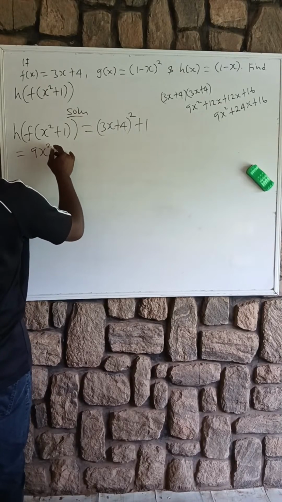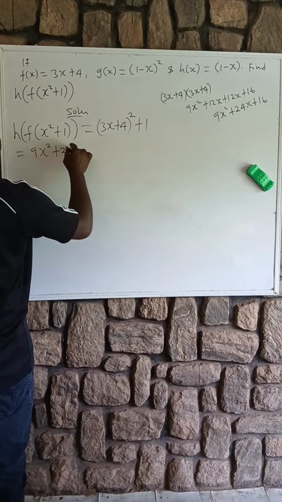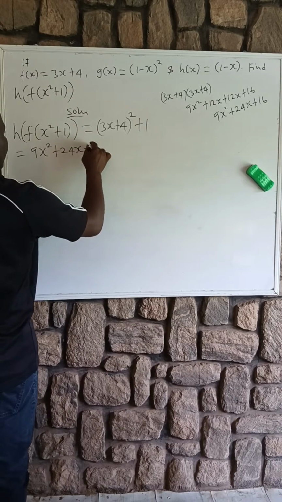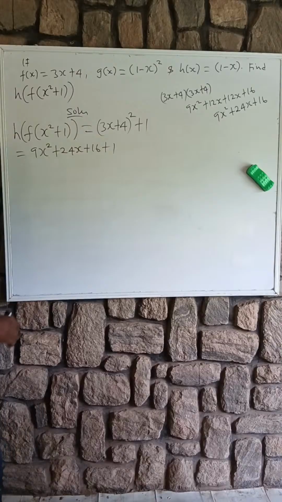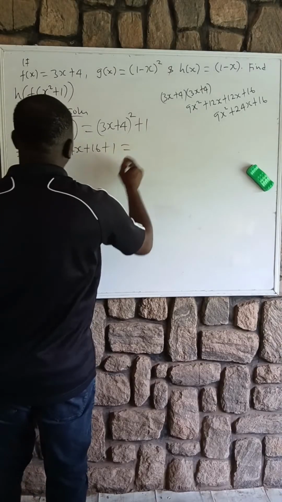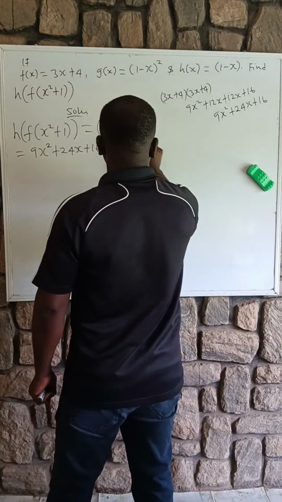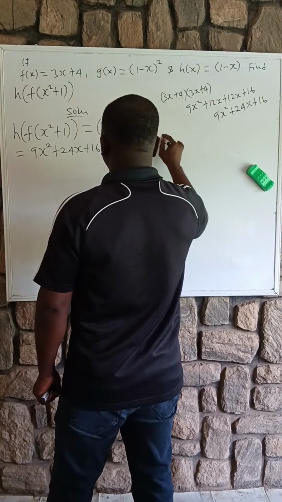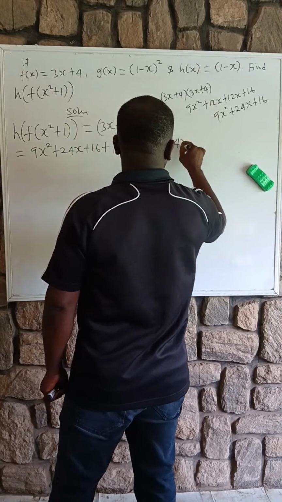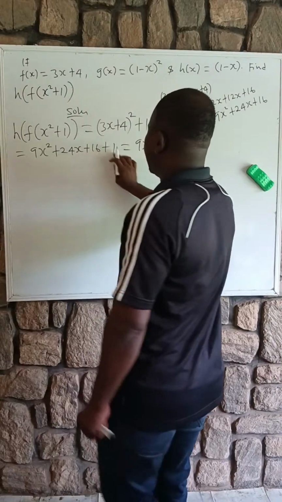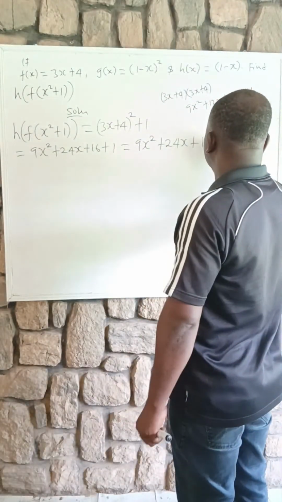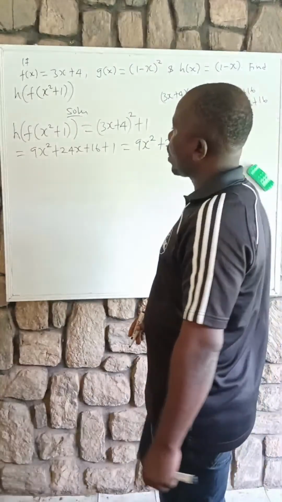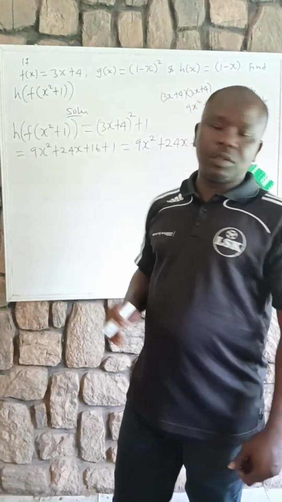Mind you, we have plus 1. True or false? Then this will now be equals to 9x squared plus 24x plus 16 plus 1, which is 17. I think this is what we are supposed to have.